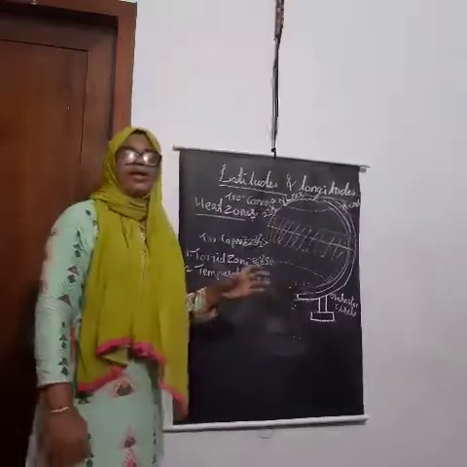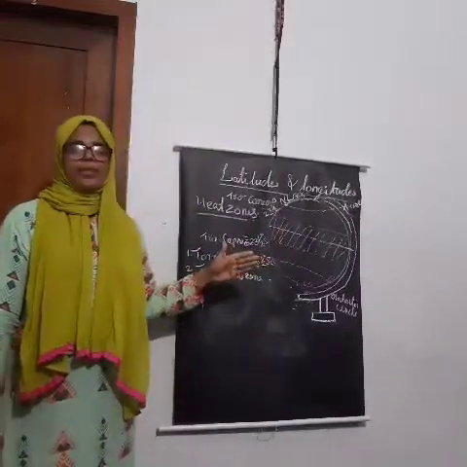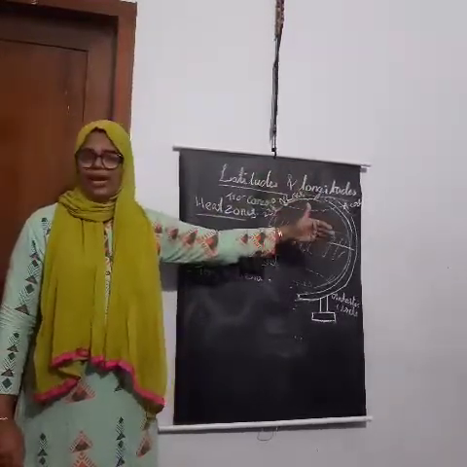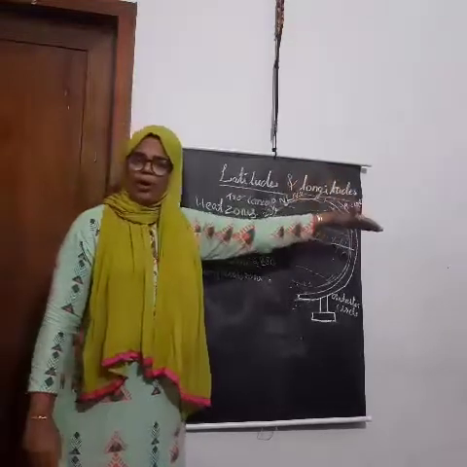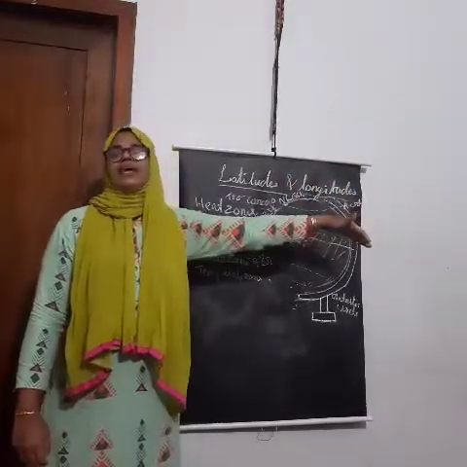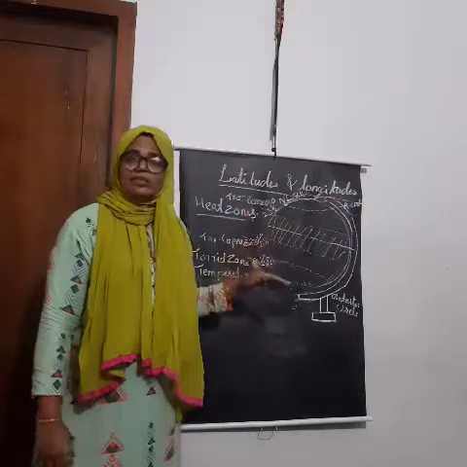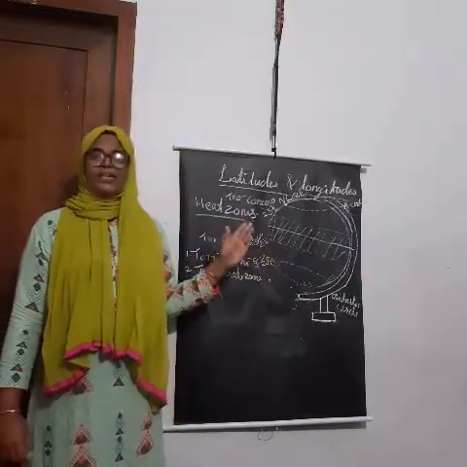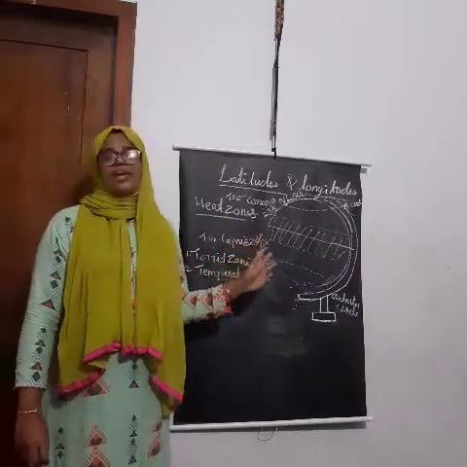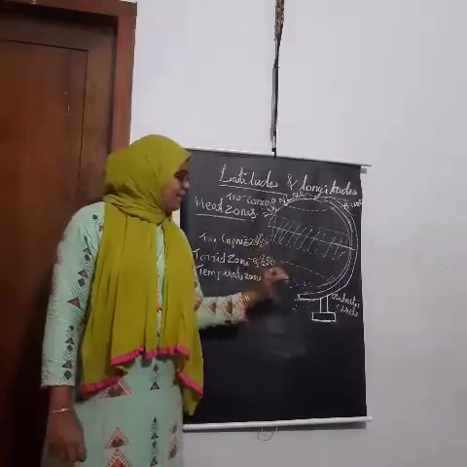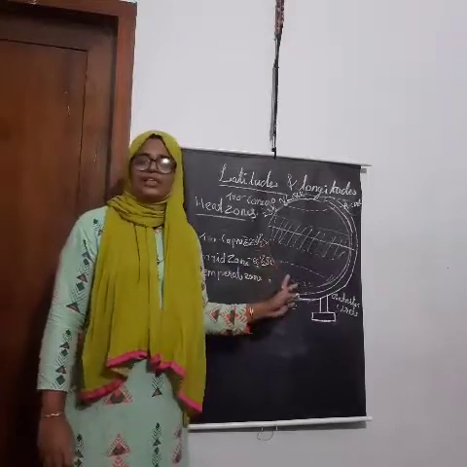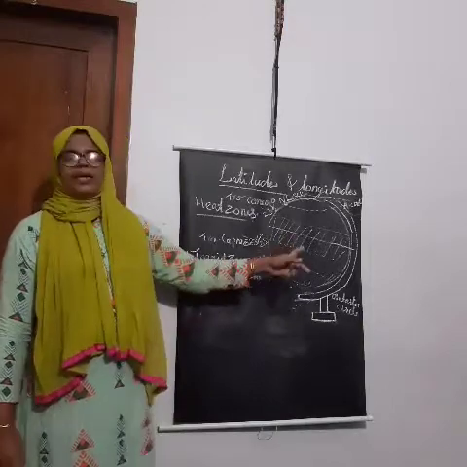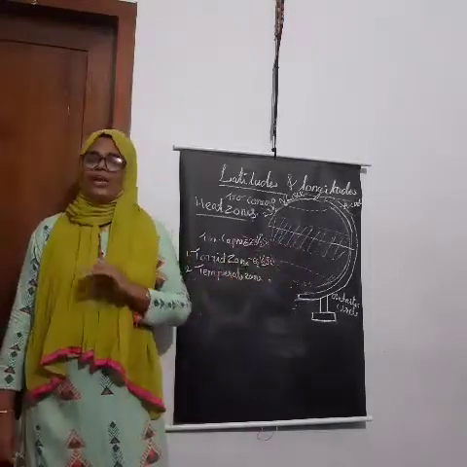How can we explain this area? Moving to the northern part after the Tropic of Cancer and below the Arctic Circle at 66.5 degree, and moving to the southern part after the Tropic of Capricorn and before the minus 66.5 degree south latitude, that is the Antarctic Circle, the temperature will be comparatively low, not very low.